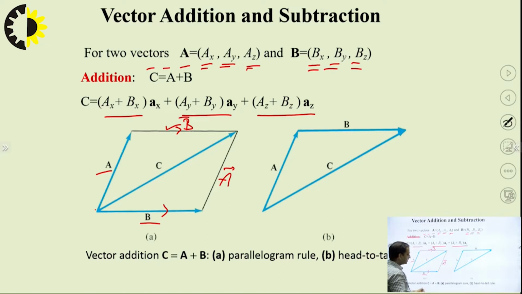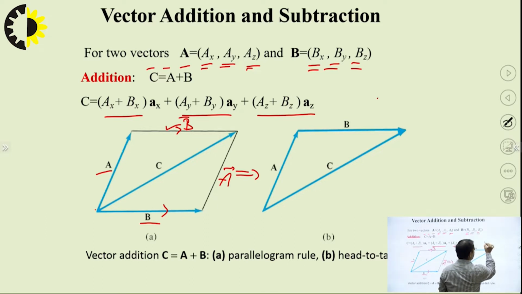Okay. So now when you take this graph, you can represent this one as well from there. So what is that? Vector a plus vector b is equal to vector c. So we call this the head to tail rule. Very simple.